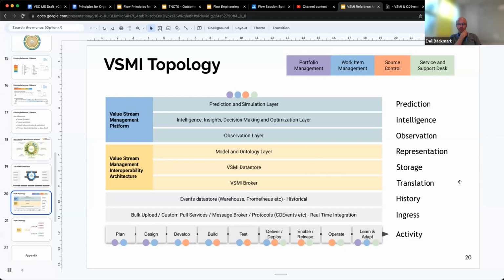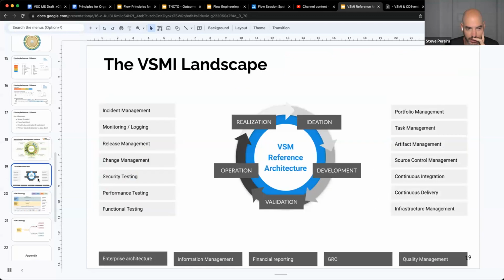But we have representation of that. Yeah, go ahead. When you say events there, do you mean events in the same term the way we use in CDEvents, or is it more general, any events? It could be like OpenTelemetry events or such things as well. I mean, telemetry events would be less interesting in the VSM context. Yeah.